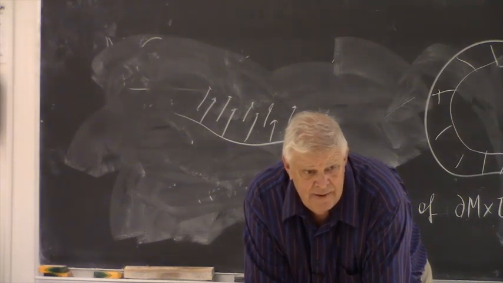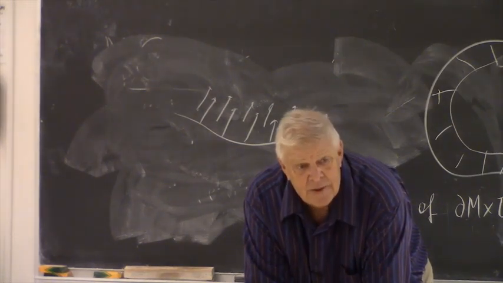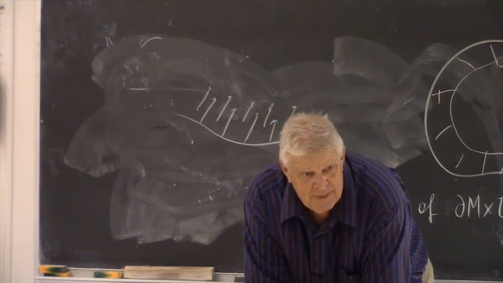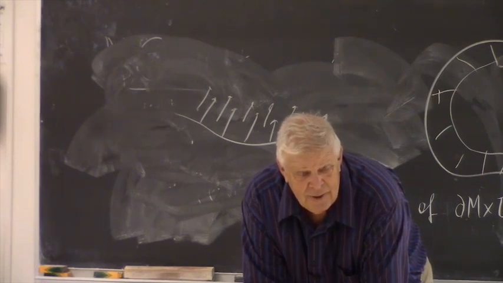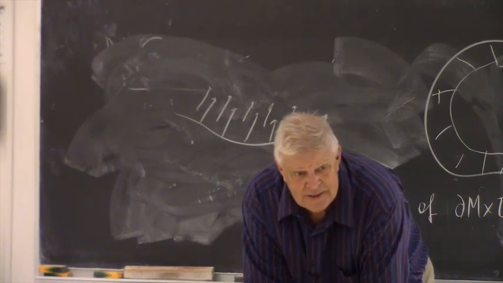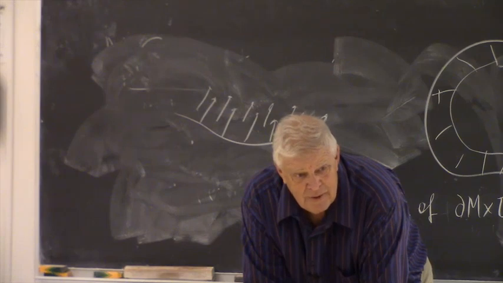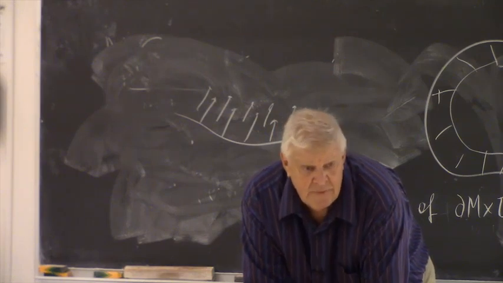Well, at every chart which touches the boundary, the coordinate xn is 0 on the boundary and decreases in the direction transverse to the boundary inside the manifold. So we have this vector field.